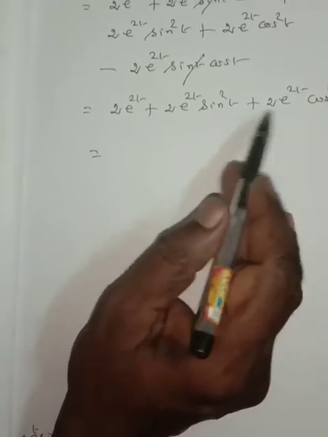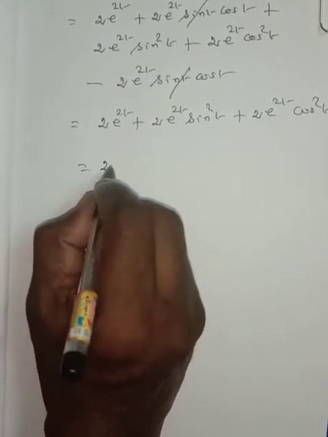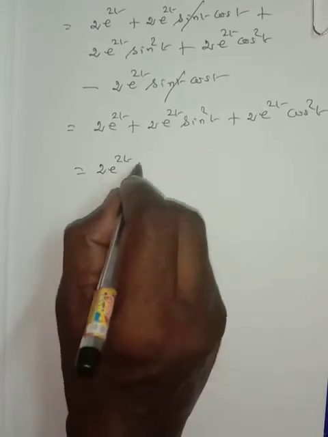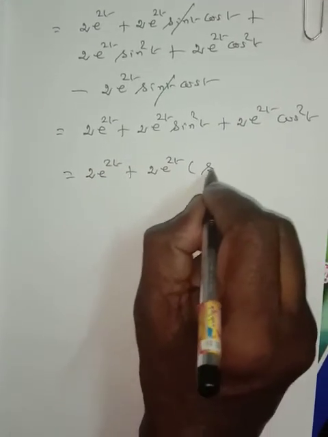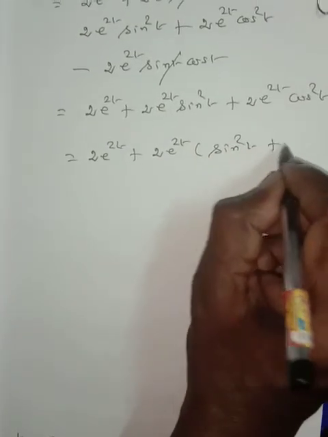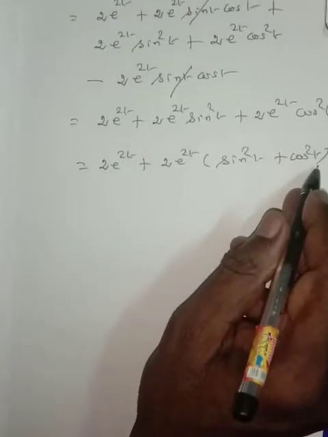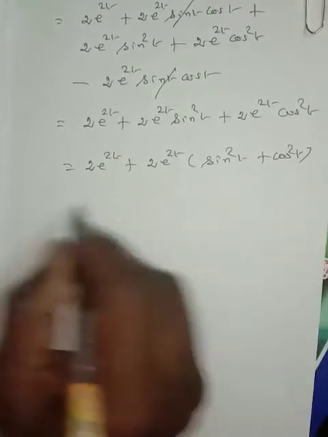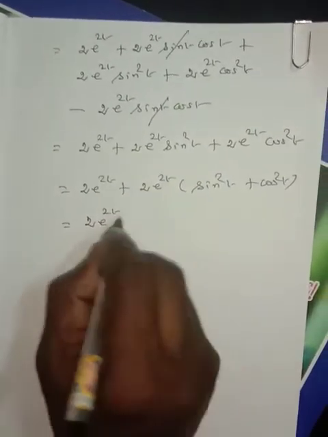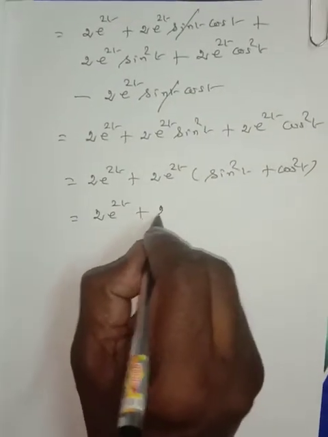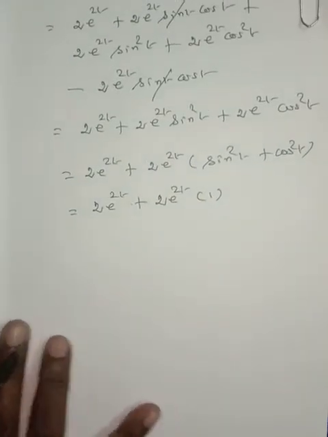Sin square t plus cos square t, constant, 2 into e to the power 2t is common. So 2 e to the power 2t plus 2 e to the power 2t into sin square t plus cos square t. Sin square t plus cos square t is the trigonometric identity 1.